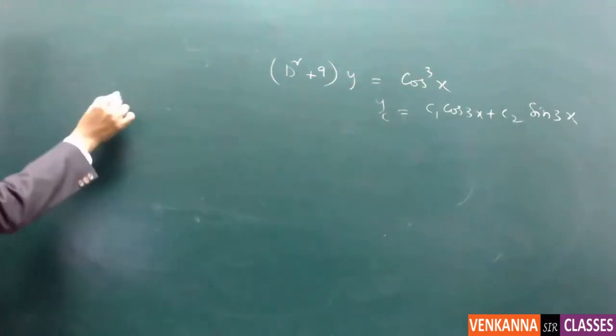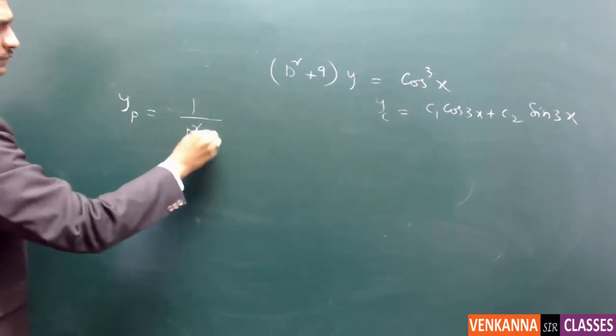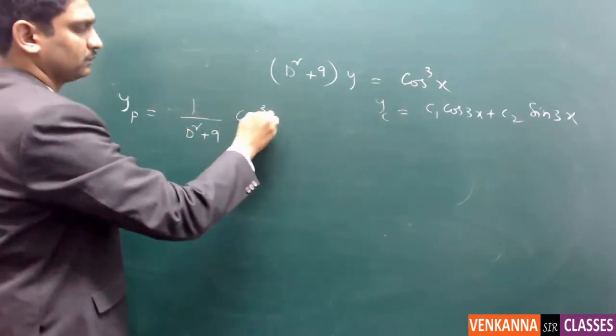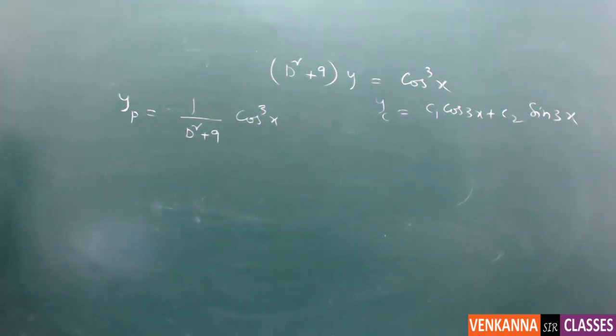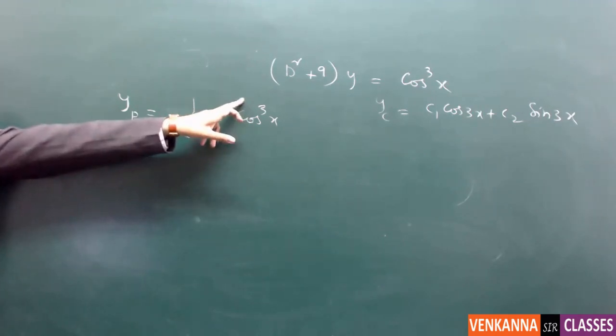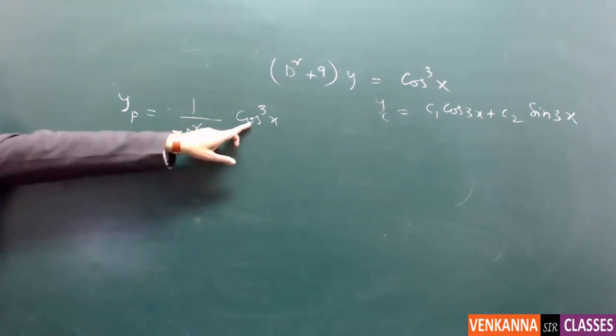Now to determine yp, the method which is described earlier is for cos x and sin x only, not for cos square, cos cube, etc., sin square, sin cube, etc. So when the power is only 1, we are going to make use of the previous methodology. So whenever the power is more, you have to convert it into linear power.